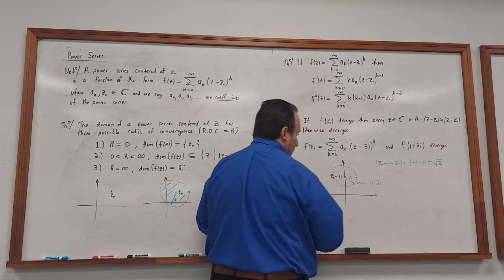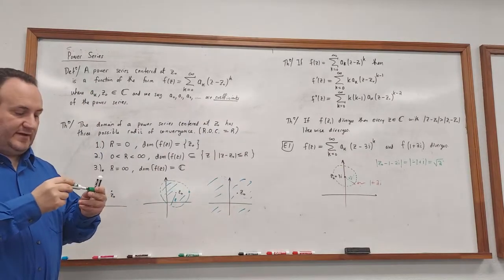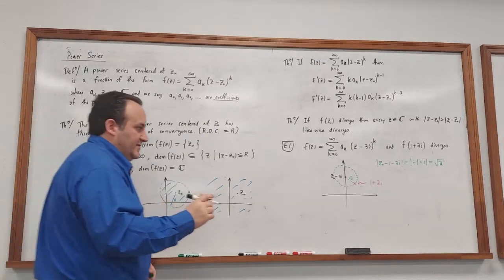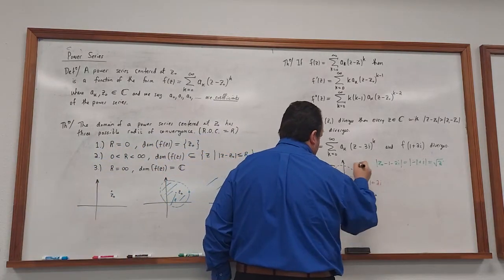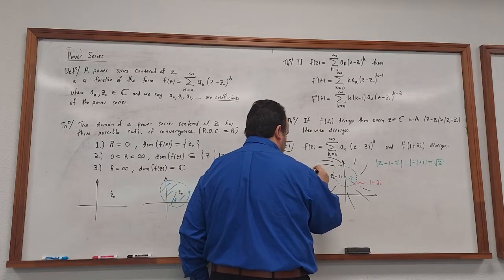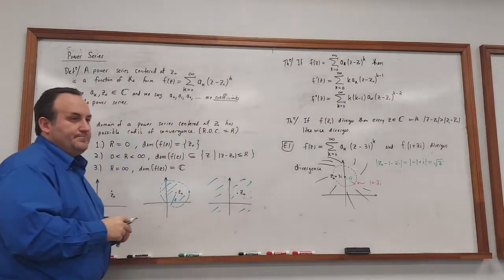And what this theorem says is that if there's a point of divergence, then everything outside this disk diverges. Divergence of that sum.